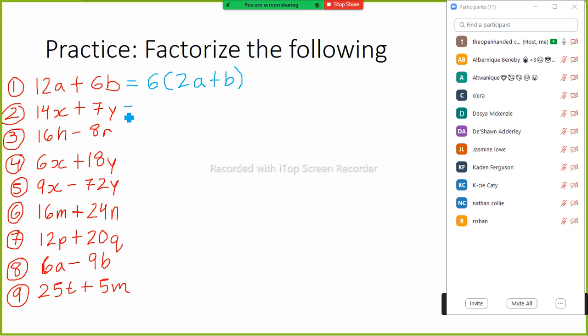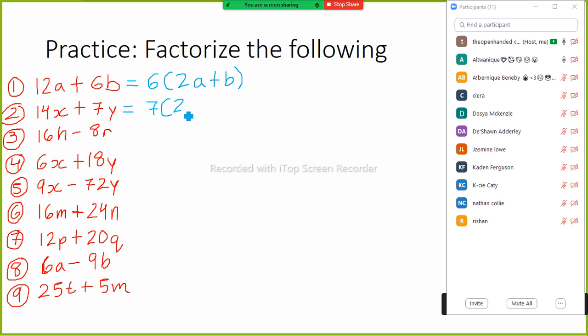Albernic on number 2. Okay. So put 7. Then put the bracket. Put 2.